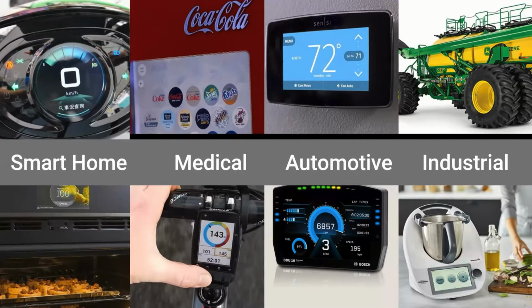Many different vertical industries, from consumer goods, like smart stoves, smart home appliances and thermostats, to medical devices, automotive, and industrial like John Deere, have used Storyboard to create the UIs that drive the screens in their embedded products.